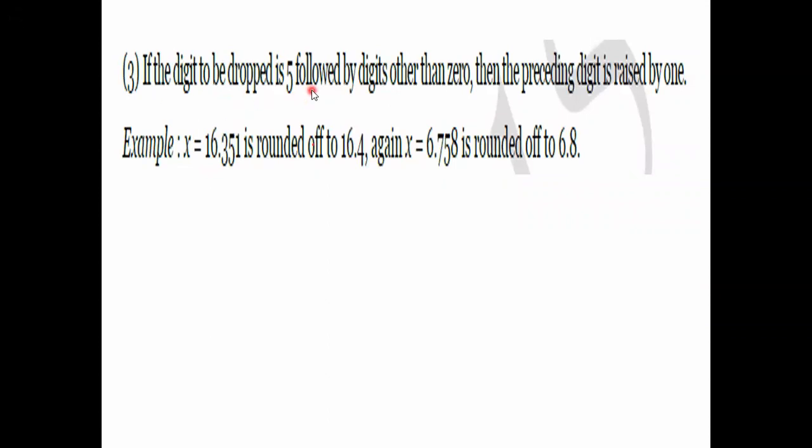If the digit to be dropped is 5 followed by digits other than 0, then the preceding digit is raised by 1. If the digit dropped is 5, which is followed by any number, maybe 1, 2, 3, 4, it doesn't matter, then always there will be a rise of 1 for the preceding digit.